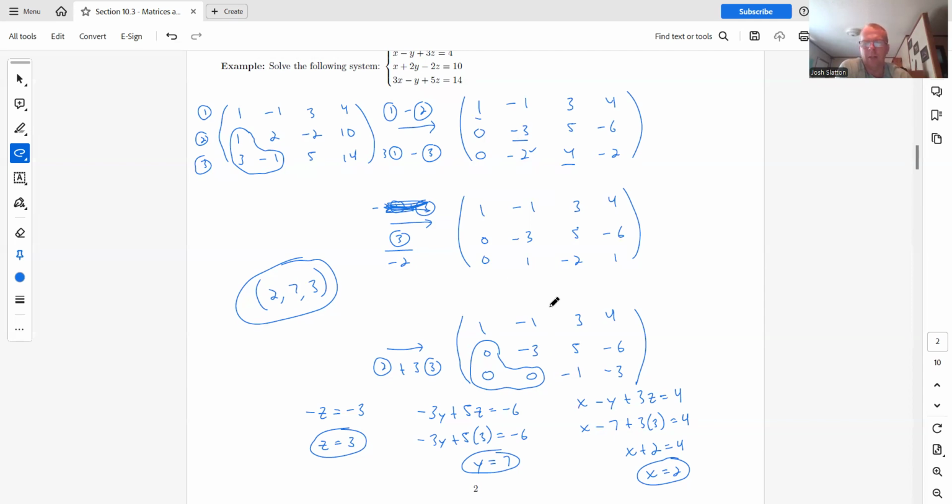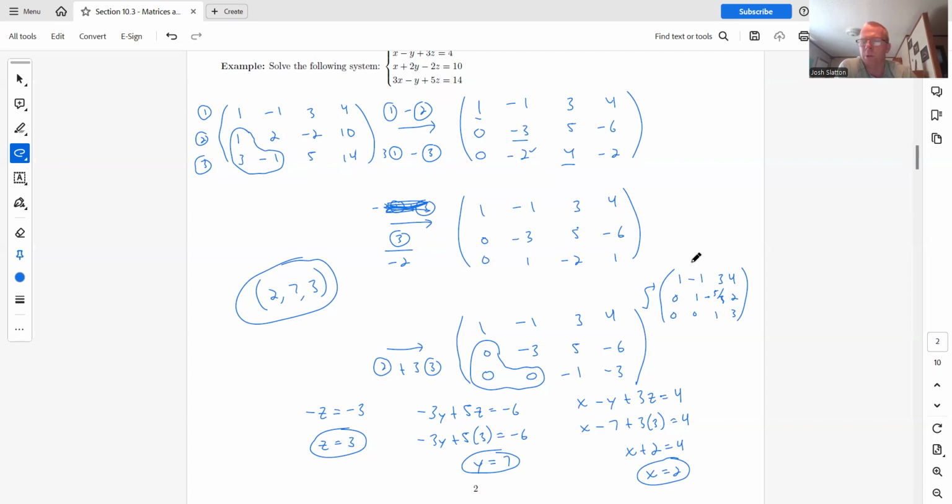So divide this one by -3. We get 1, -5/3, and then 2. And then divide this one by -1. So we get 1, 0, 0, 1, 3. So now we're in row echelon form.